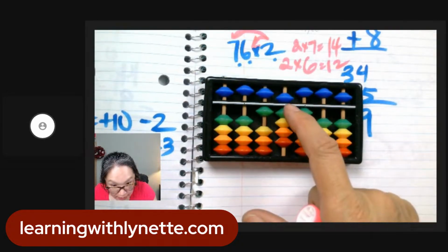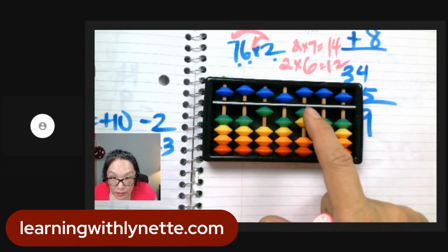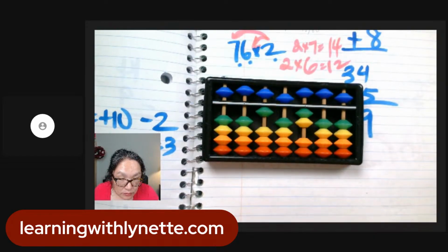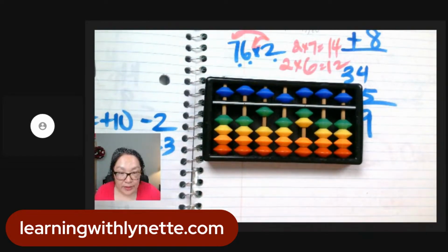Plus the 5 minus the 2, and then add the 2. Yeah? Does that make sense? Cool.